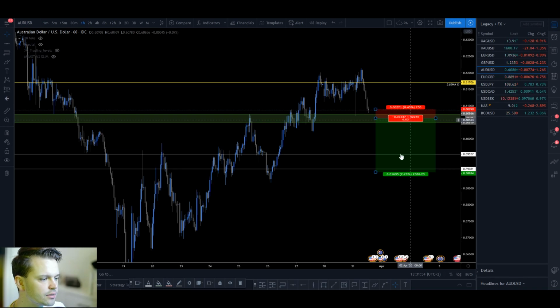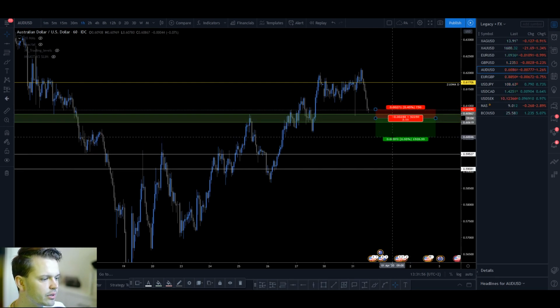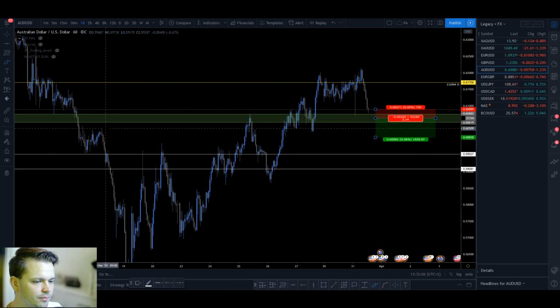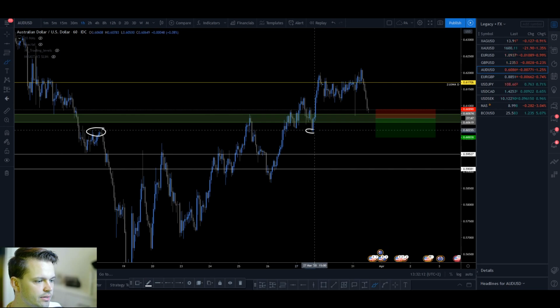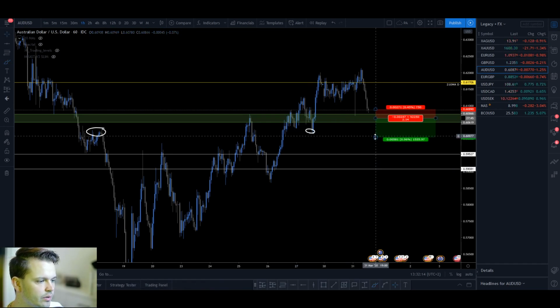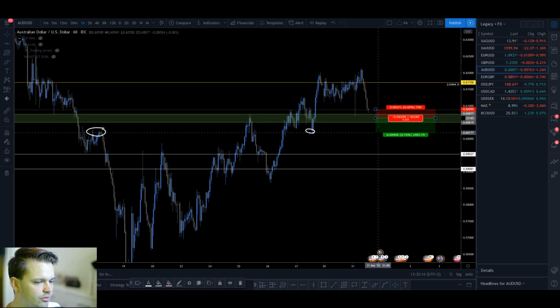I think that's the better area. Now, where should we put our first take profit? I'm watching this area right here, confluent with this area here, so you could take some off here.